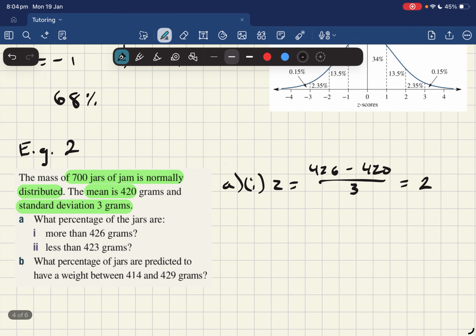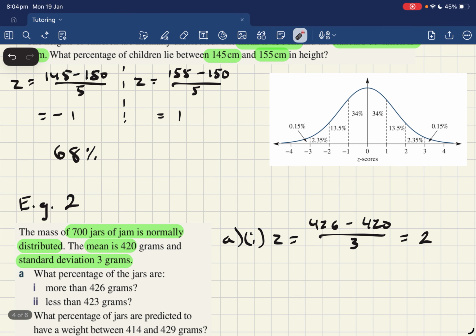So thinking back to our normal distribution, this score is right here. We know that between -2 and +2 is 95%, so this whole bit is 95%. Outside of this range, above two standard deviations and below -2, is going to make up 5%.